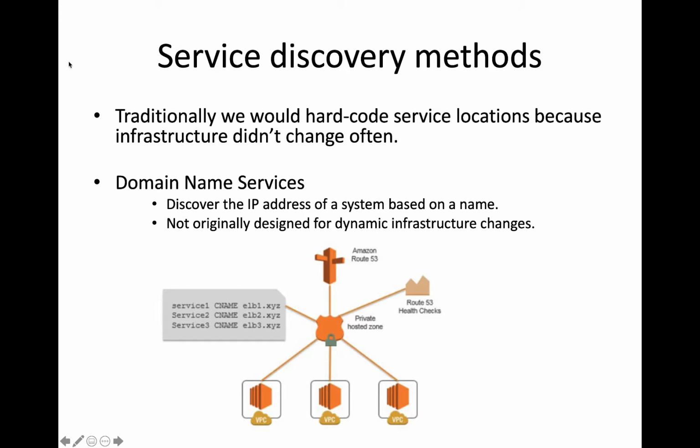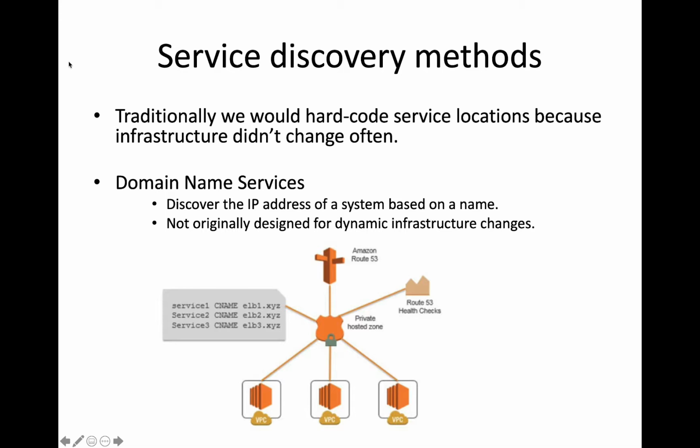And DNS, if you recall, is a mechanism by which we can map domain names, sort of real world names, to IP addresses. And that was a convenient service discovery mechanism for us, because instead of hard coding the IP address of the database server, we could give the database server a DNS name.